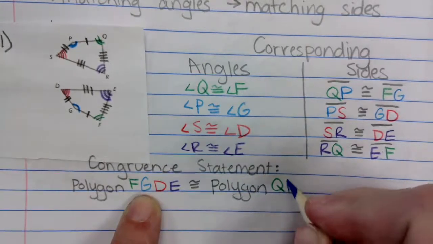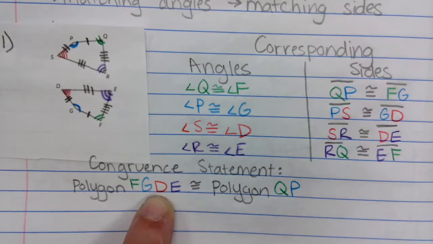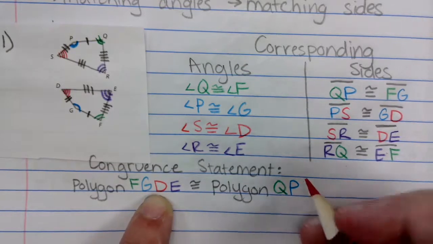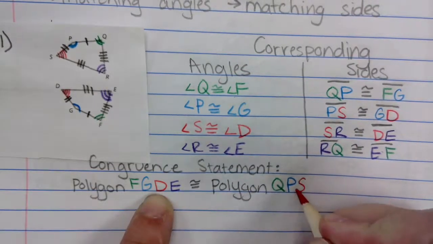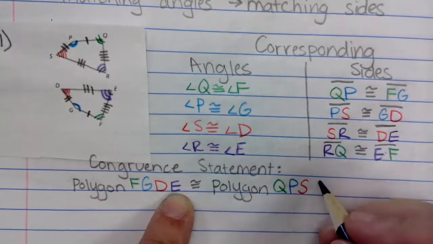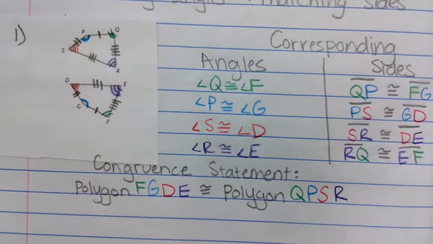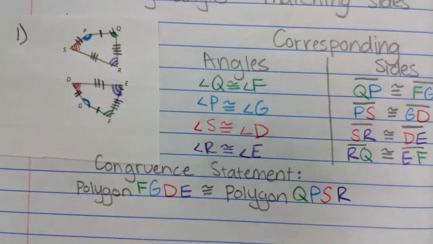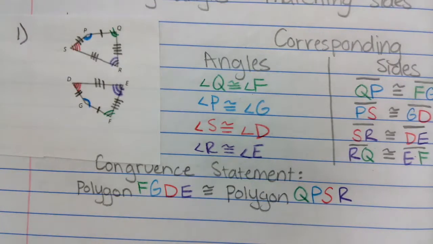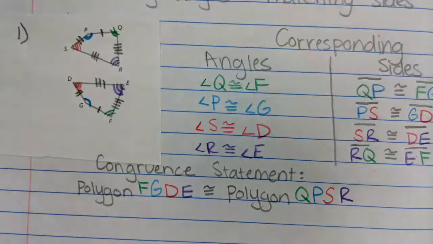P. D lines up with S. And E lines up with R. So anytime that we look at one angle, we can match F with Q, G with P, D with S, E with R. Or we can look at it as two things at the same time.